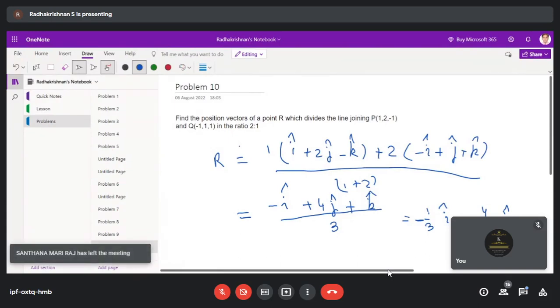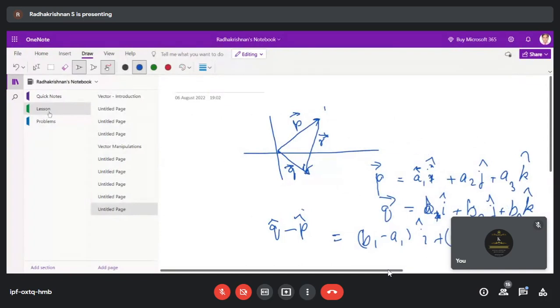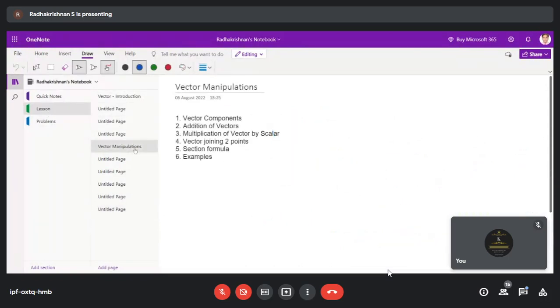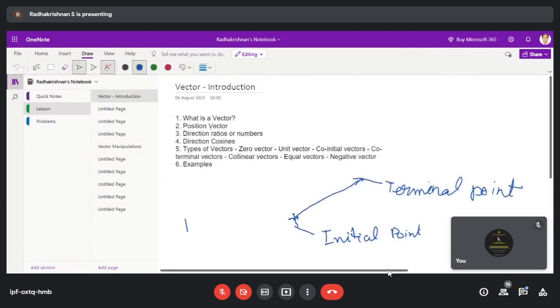Okay. I think we come to the end of whatever we wanted to cover today. So what we saw today is the basic introduction to vectors. What is a vector? What is the position vector? Direction ratios or numbers.